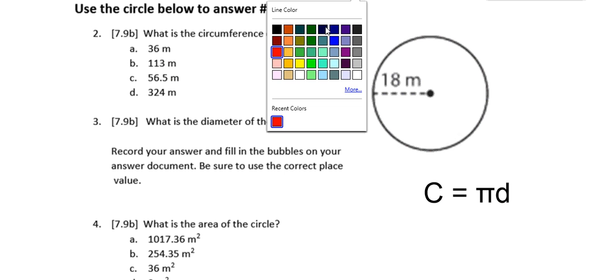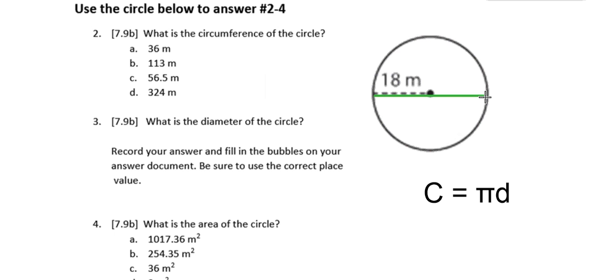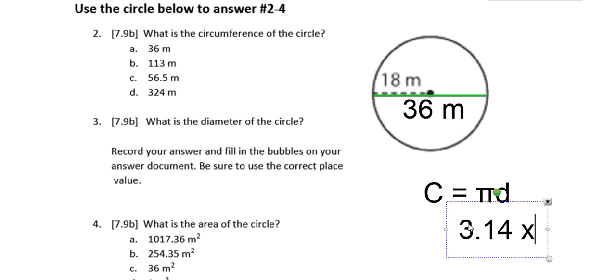What color you want? Green? That's the diameter, and you need to know the diameter is not 18, it's 36 meters. So if the diameter is 36 meters, it would be 3.14, or pi, times the diameter, which is 36.